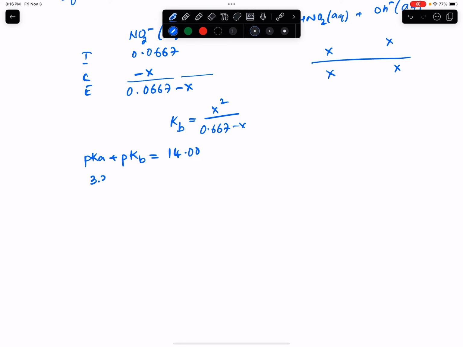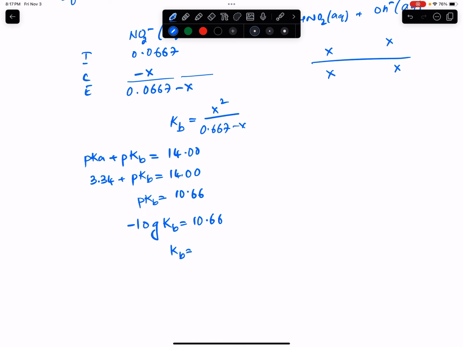So 3.34 is the pKa given to us. Let's solve for the pKb. pKb is equal to 10.66. Now pKb is equal to negative log of the Kb. Therefore Kb is equal to 10 raised to minus 10.66, which is equal to 2.187 times 10 to the negative 11.